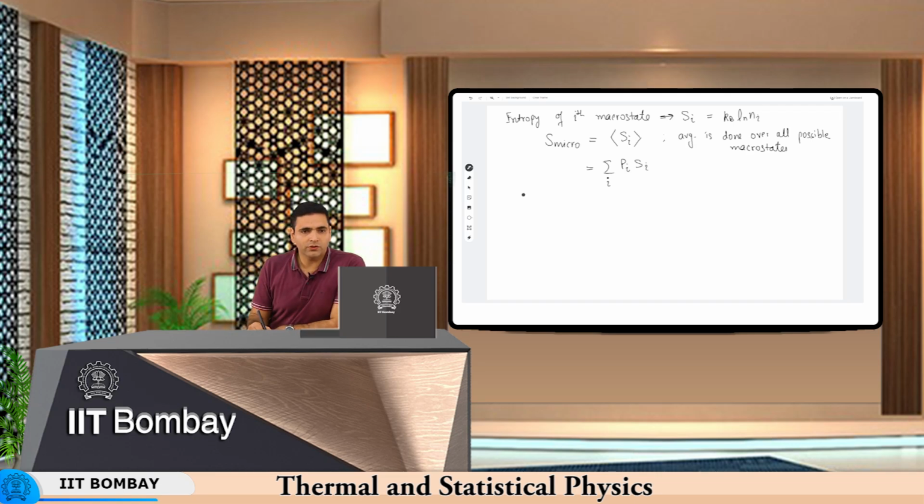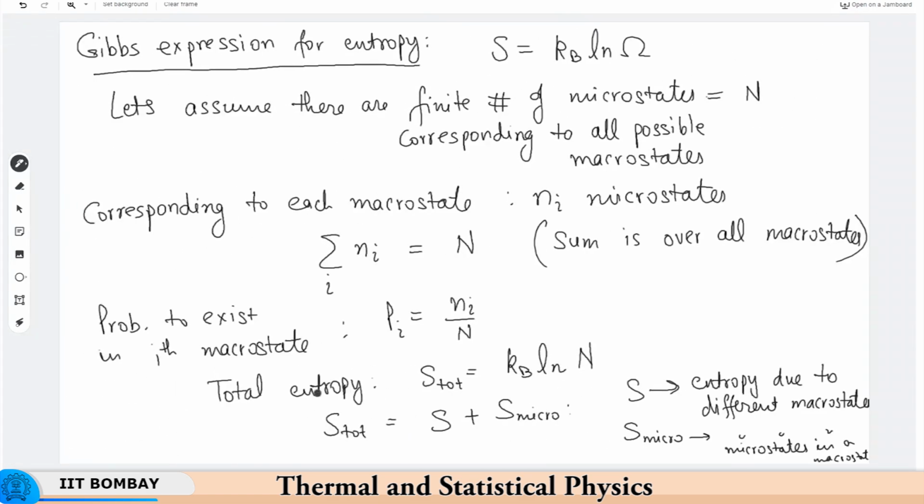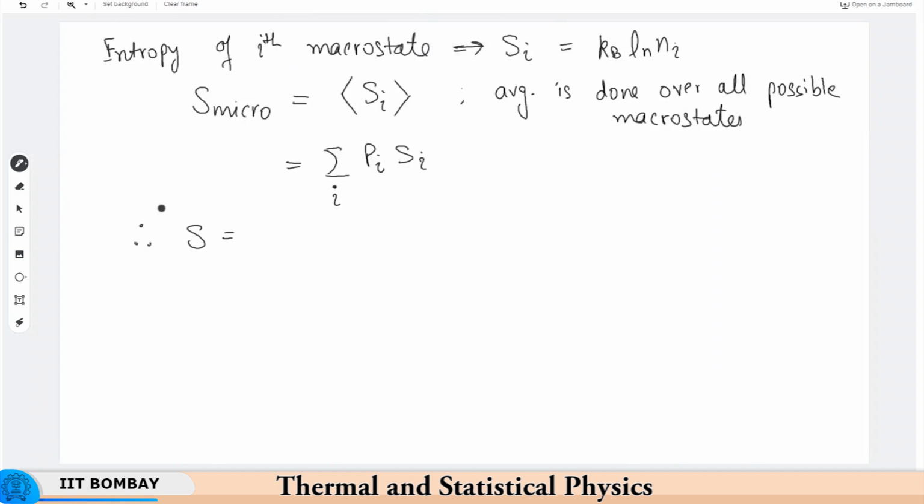Therefore, this total entropy, which was the sum of S plus S micro, means S becomes S total minus S micro, and we can now replace that here. So, that becomes Kb times log n.